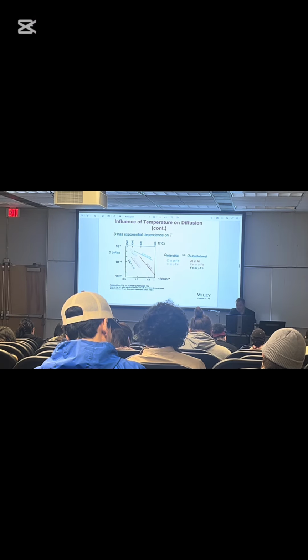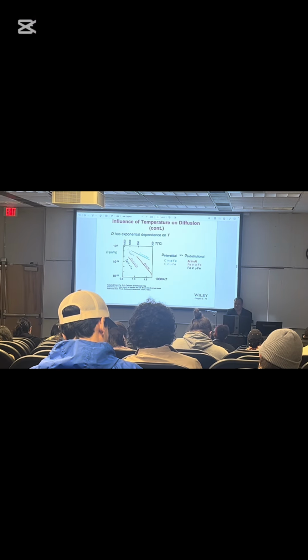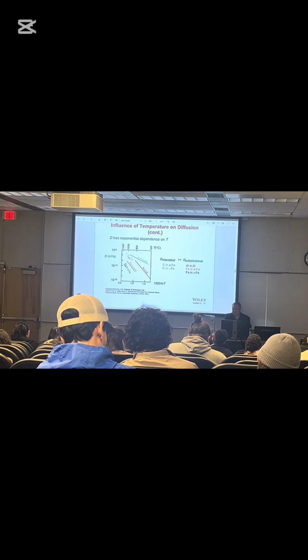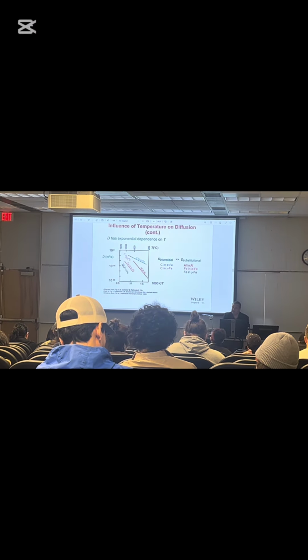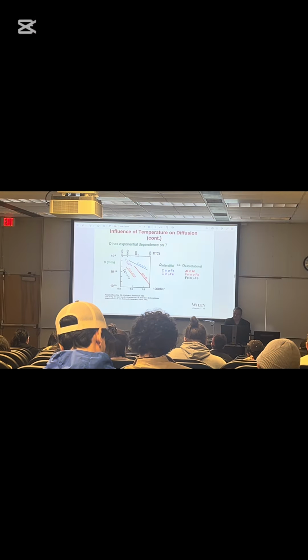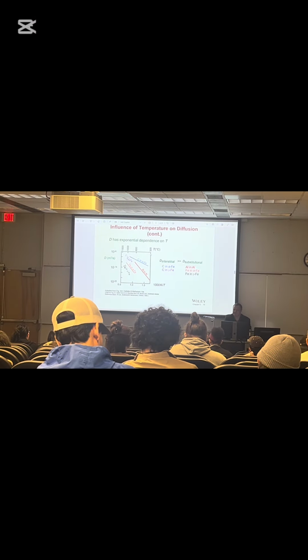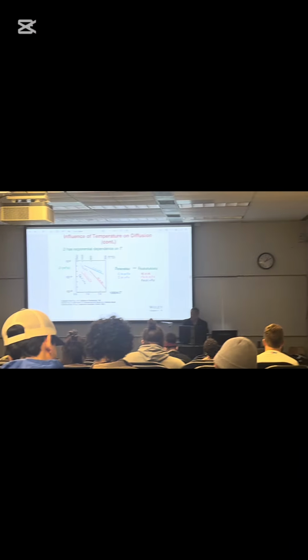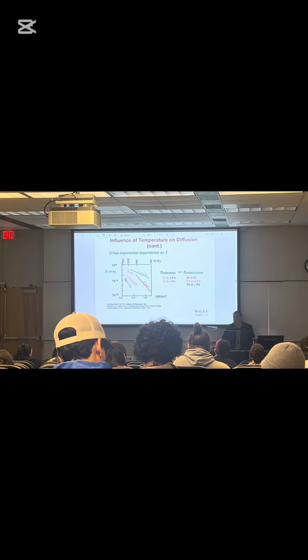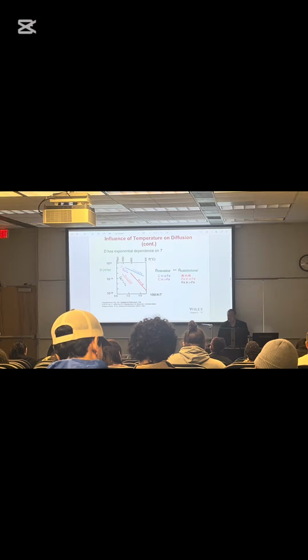On the bottom, you see 1,000 divided by T, and on the top, you see the actual temperature in degrees C. And because the bottom is 1 over T, you can see that on the top, it's not linear. So this is 300 degrees C, this is 600 degrees C, this is 1,000, this is 1,500. Good luck making a plot like this.